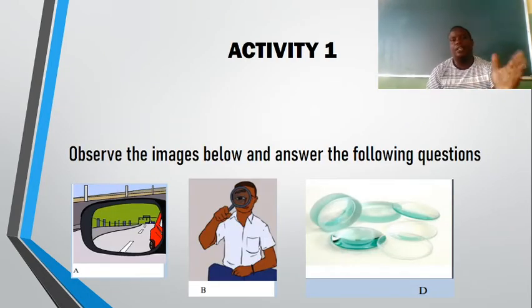You see, there is image A, image B, and also D. D is the lens. D was not indicated, but it is D. So observe it very well. I give you about 30 seconds to observe it. Make your observation and see what is there.